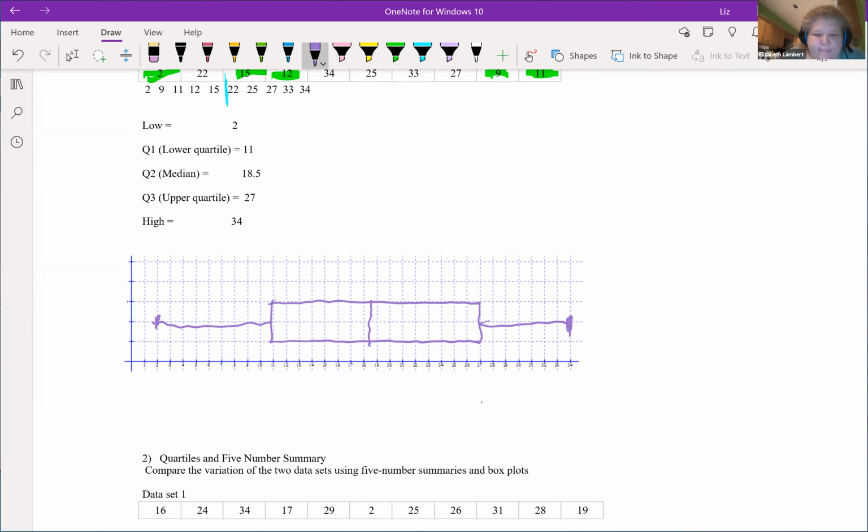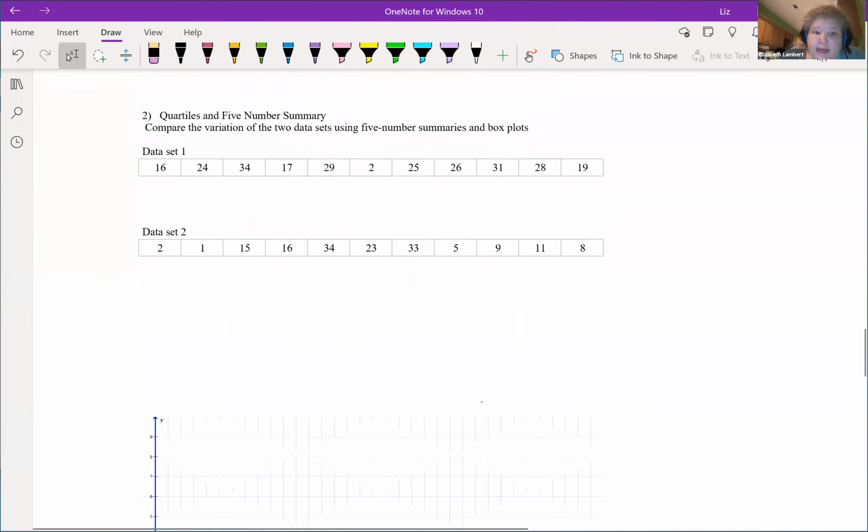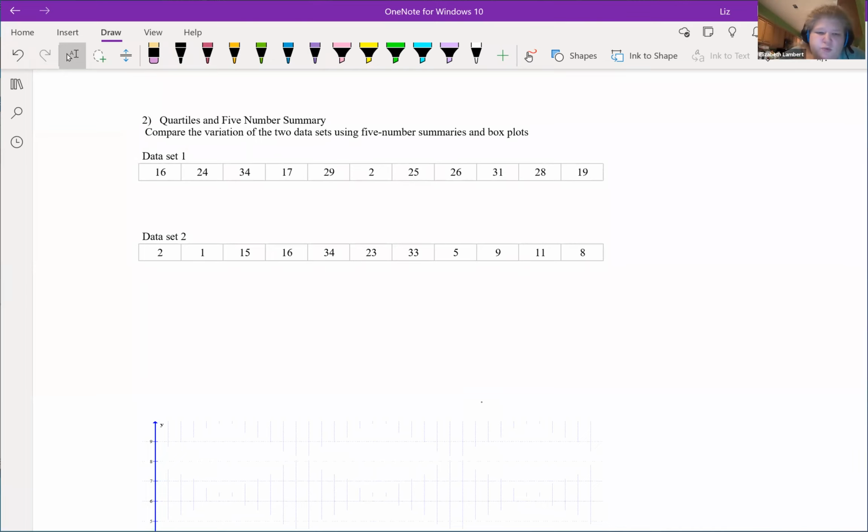All right. So let's go ahead and take a look at set number 2. And again, I copied these from somebody else and not organized. All right, so I see 2.